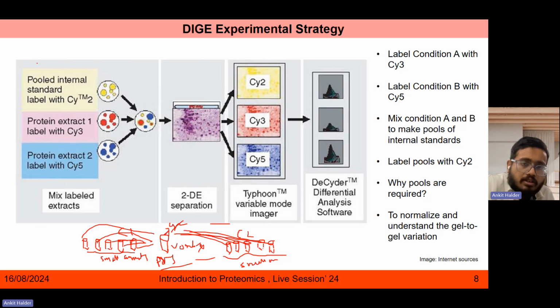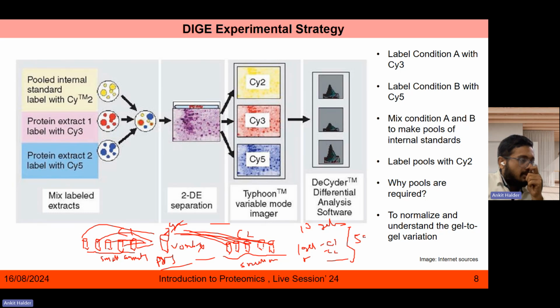Because that's the same sample. So for example, there are 10 samples, so there will be 10 gels? Why 10 gels? Because one gel will contain condition 1 and condition 2. So not 10 gels, five gels are required.